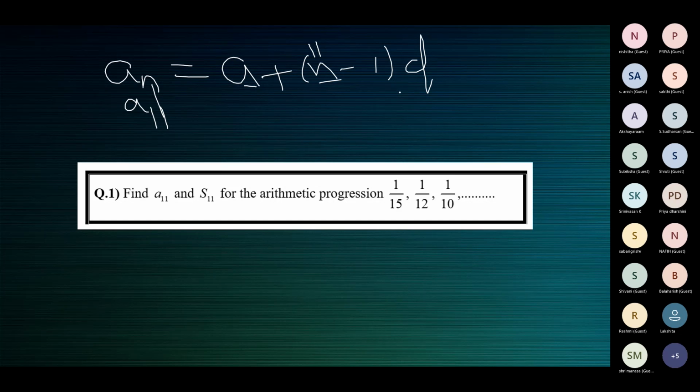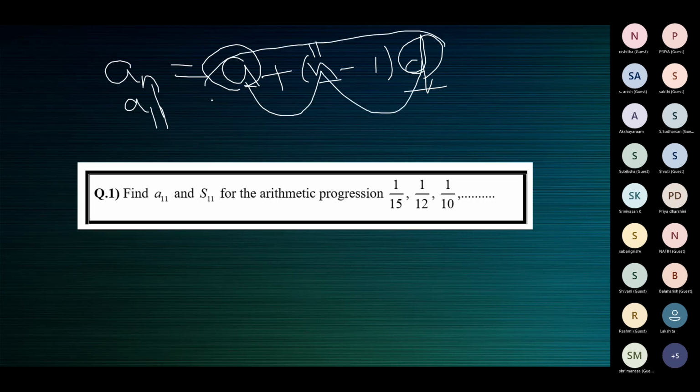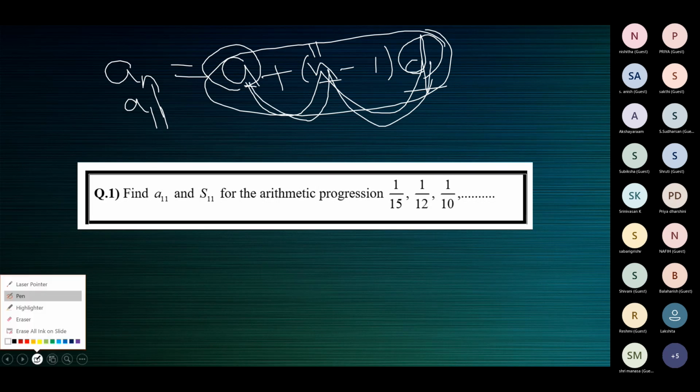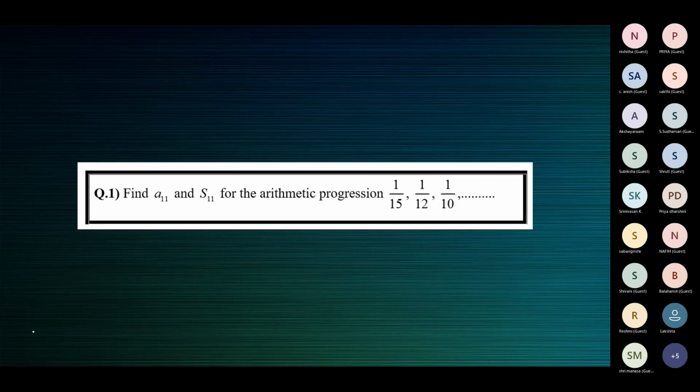What about A and D? You should know the first term A to substitute, and you also should find the common difference D. Only when you know the values of A, N, and D, you can use the formula.